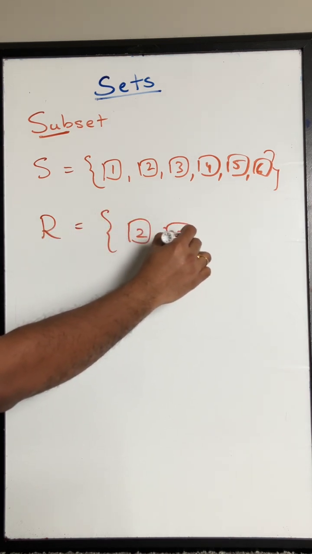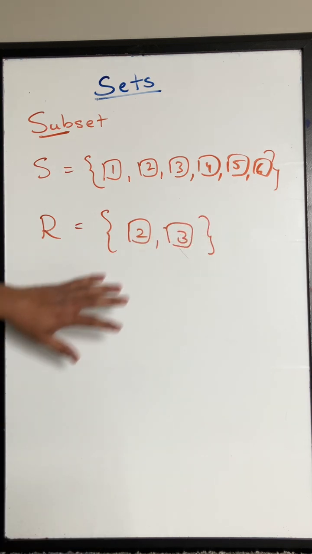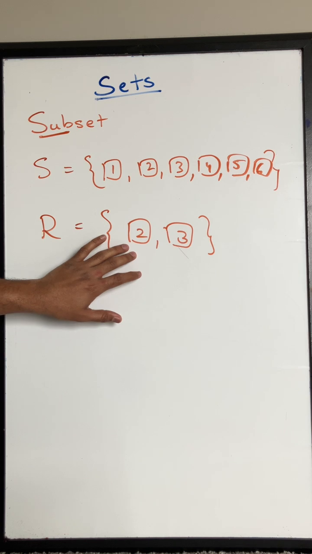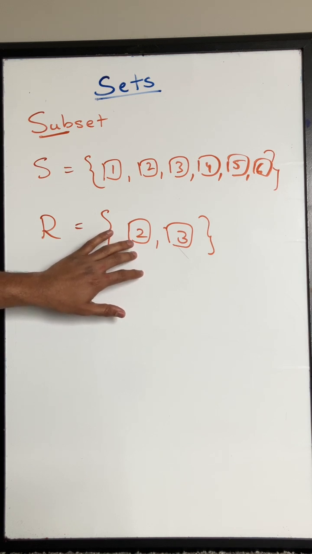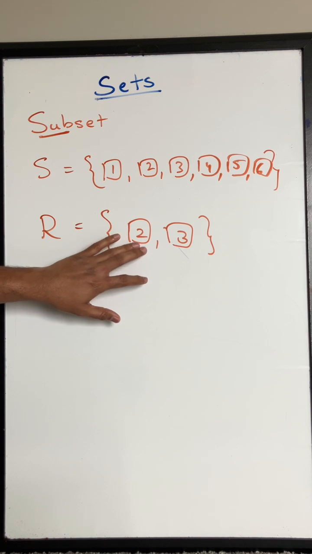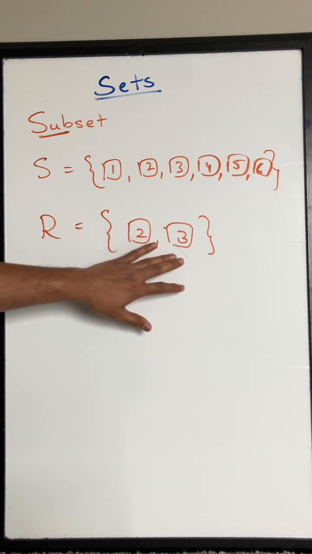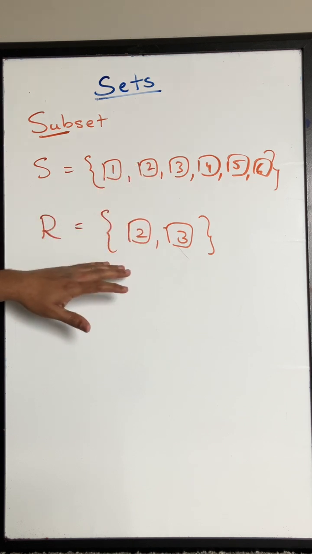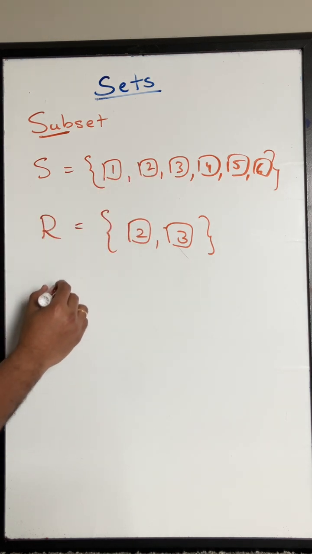He collected only 2 stamps. The objects inside a set are called elements. Here element 2 and element 3 are present here also. So I can say that R is a subset of S.